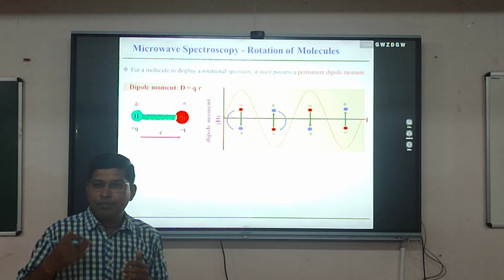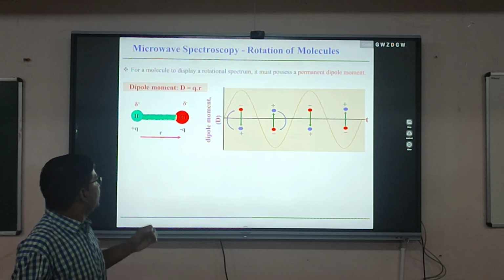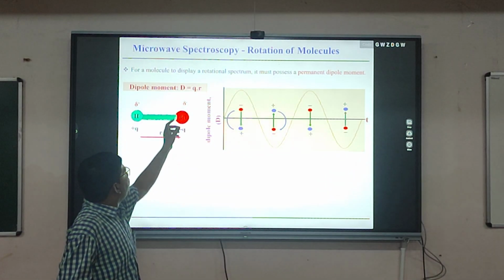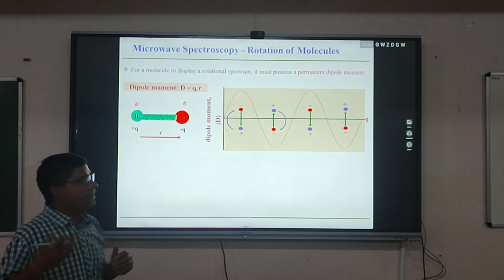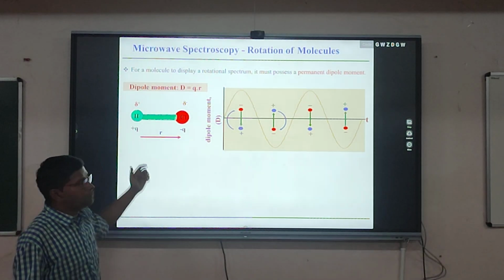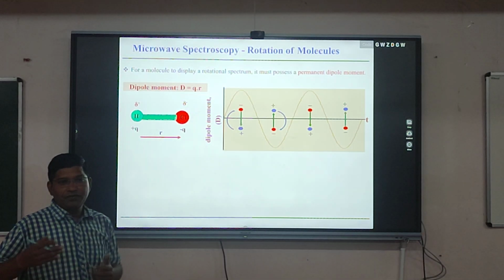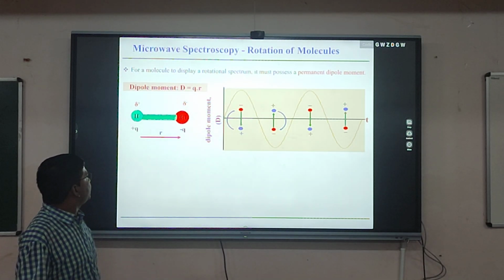A polar molecule can create partial charges on its surface. Chlorine will carry the negative partial charge, and hydrogen will carry the positive partial charge.